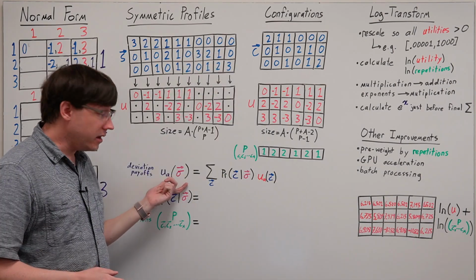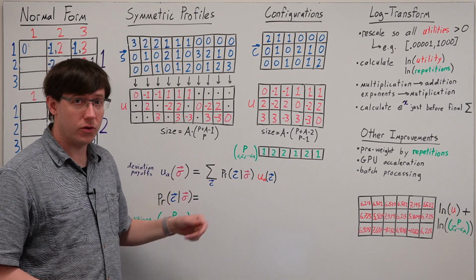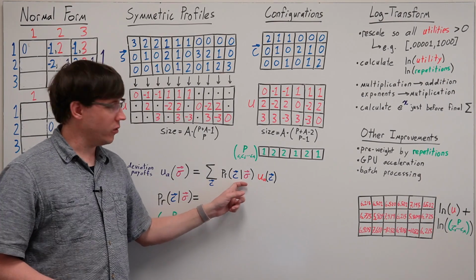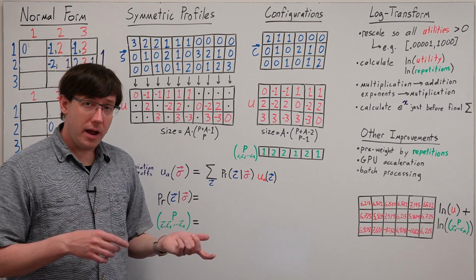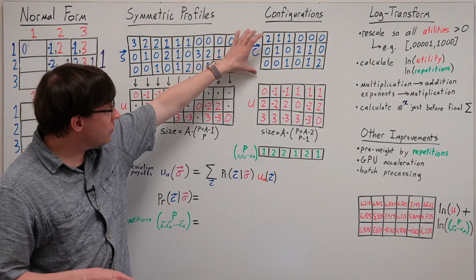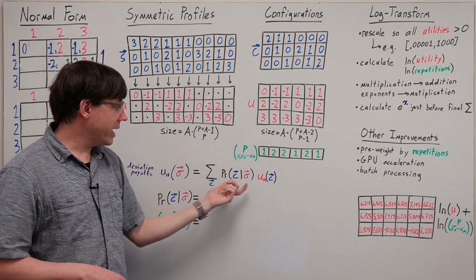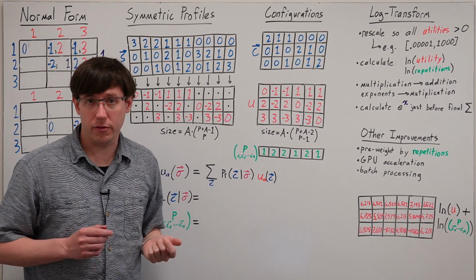As always, a deviation payoff calculation is a sum over all of the possible outcomes of the probability of that outcome times the utility of that outcome. But now, when we are thinking in terms of opponent configurations, the way that we calculate the probability of a configuration is slightly different.